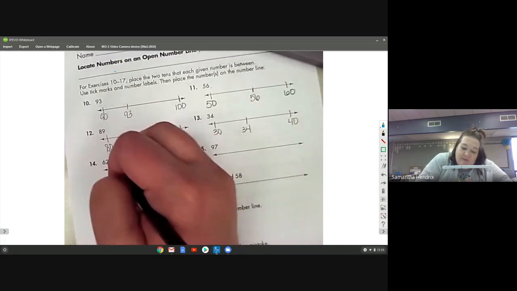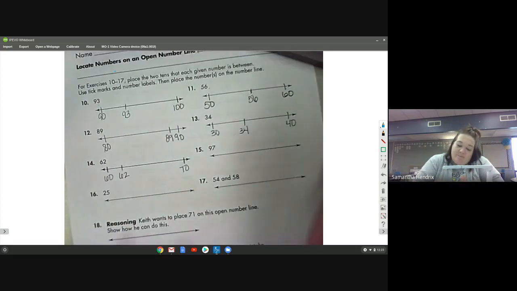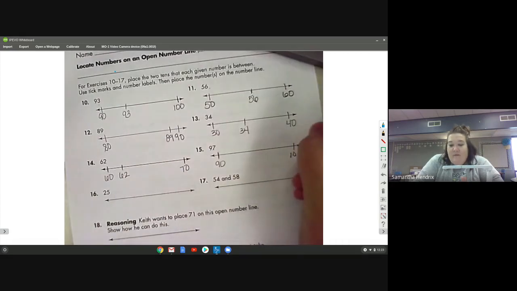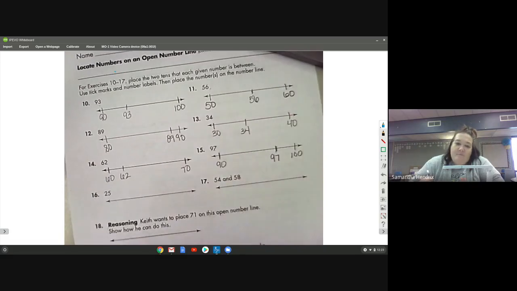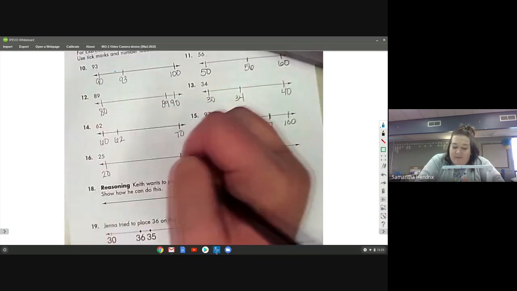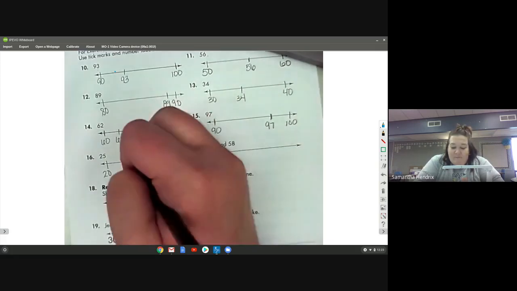And 62 is going to be about right there. 90 and 100 and 97 is going to probably be about right there. 25, that's going to be 20 and 30. And 25 is right smack dab in the middle.